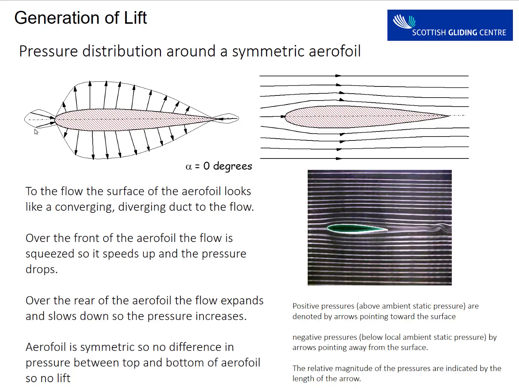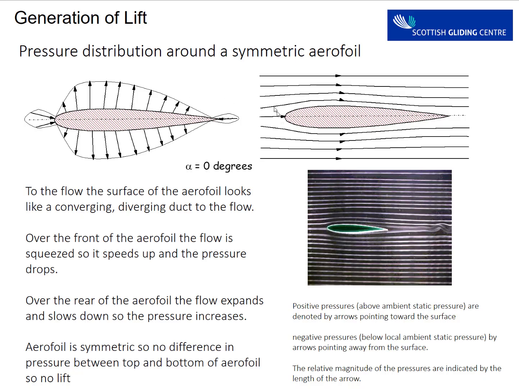Well, here's a wing. It's a symmetric wing, and I represent the pressure on the surface by these arrows. The bigger the arrow, the higher the magnitude of the pressure. If the pressure is below atmospheric pressure, the arrow points away from the surface, and if the pressure is higher than atmospheric pressure, then the arrows point towards the surface.